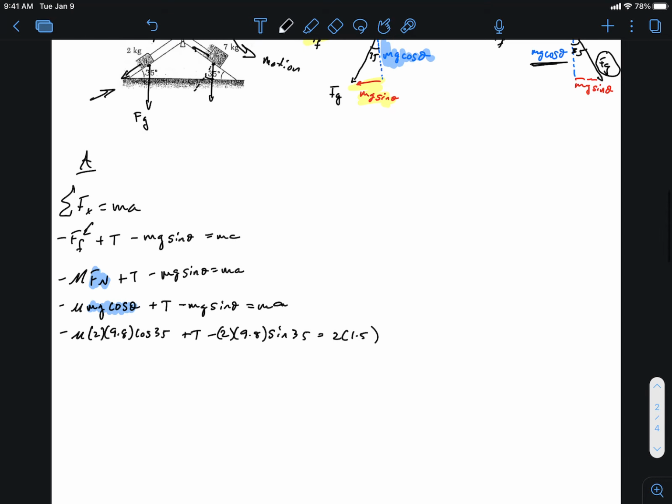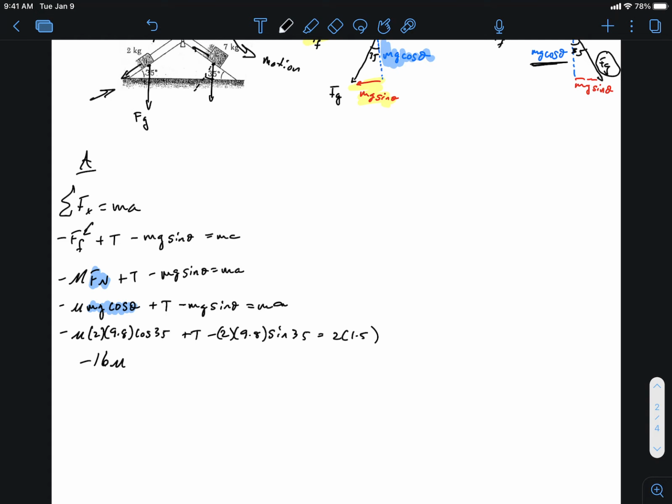Okay? Now you can just type all that into your calculator and clean it up, and it turns into something quite nice, actually. Something that should look very, very familiar to you. So let's just take a look. I already did this, so I won't slow this process down. Cos 35, this should be negative 16 mu.